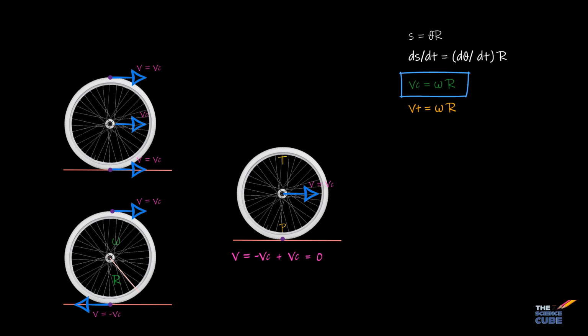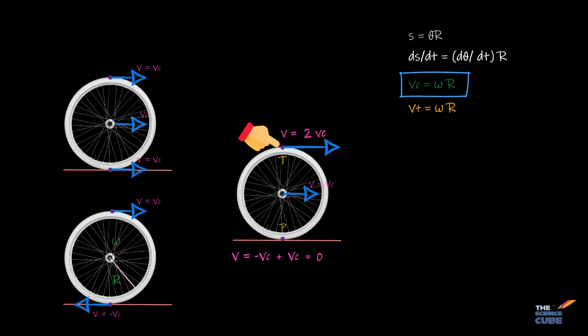Okay, now equally interesting is this part at the top, that is point T, that is moving at a speed of 2 times v center of mass, because here these two velocity vectors add up in the same direction, increasing the velocity. So this part is actually moving faster than any other part of the wheel.